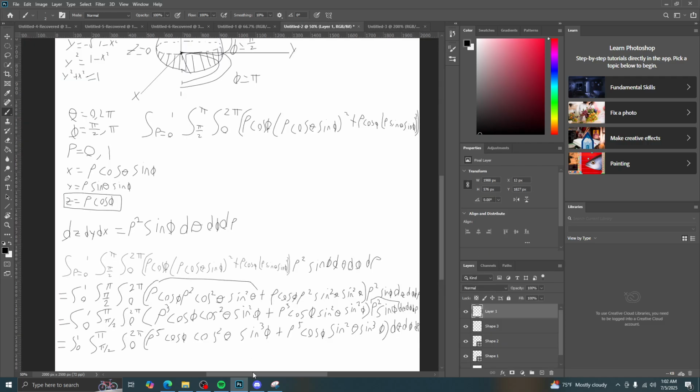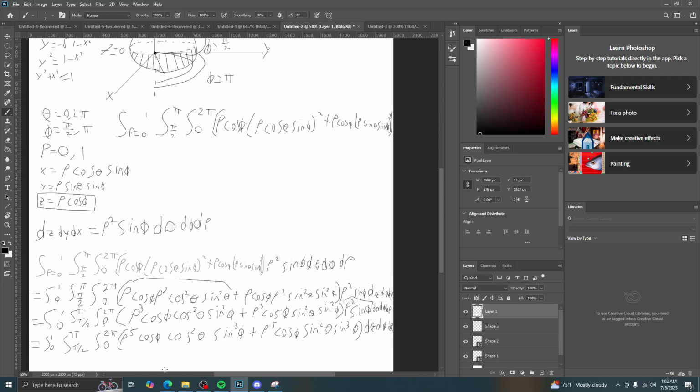And then we're going to take out rho to the fifth. We're going to take out cosine phi, because that's in both terms. And we're going to take out sine cubed of phi, because that's also in both terms. And that's going to leave us with cosine squared plus sine squared in parentheses, which is 1.